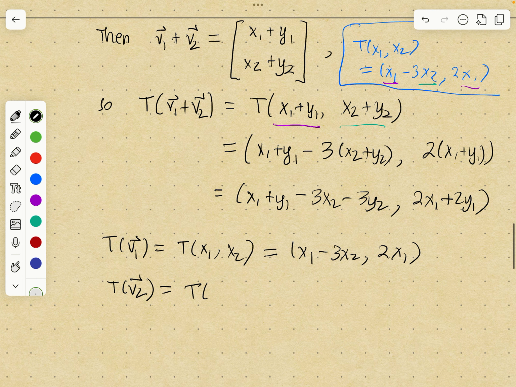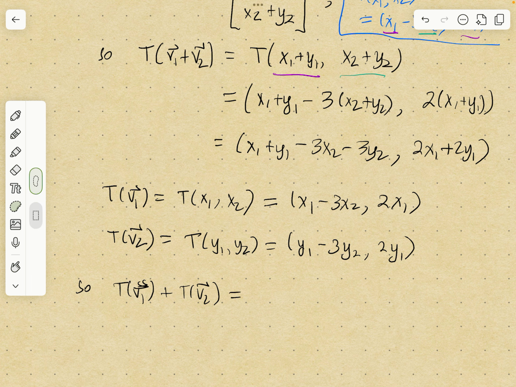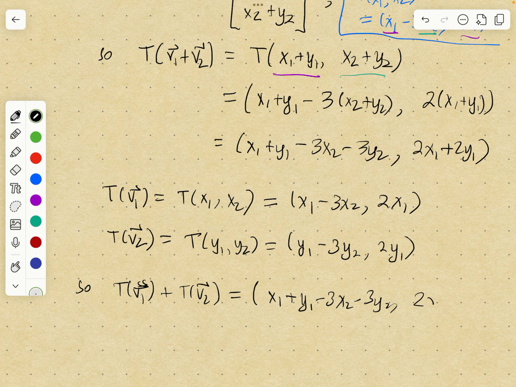So this is T of (y1, y2), and by definition, this is going to be (y1 minus 3y2, comma 2y1). So what do you get when you do T of v1 plus T of v2? You're going to get this plus that. To add those two vectors together, you add the components together, and you get x1 plus y1 minus 3x2 minus 3y2, comma 2x1 plus 2y1.